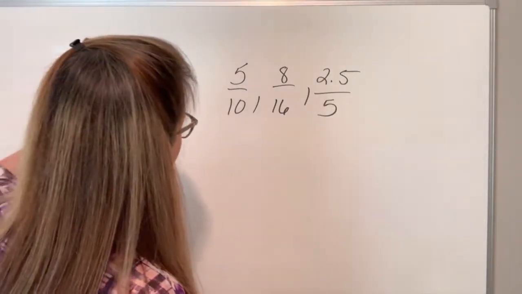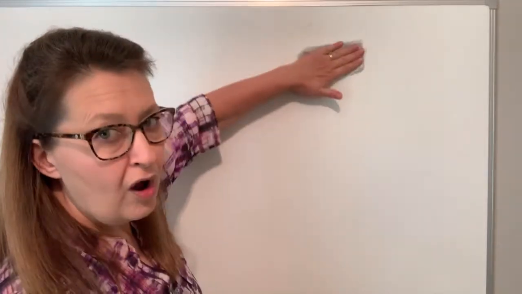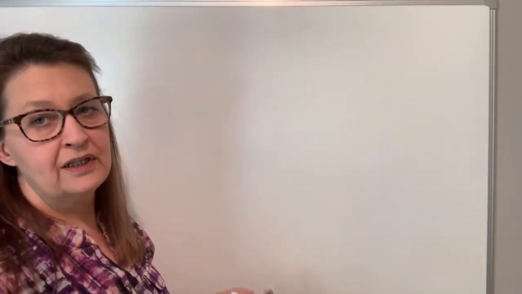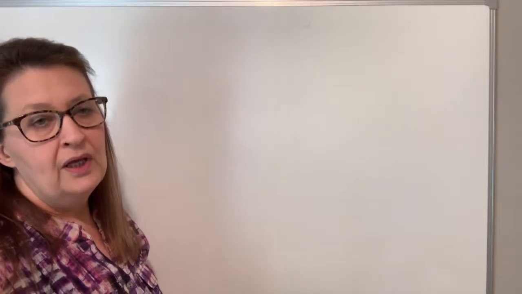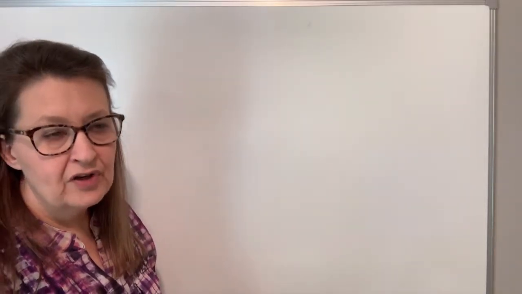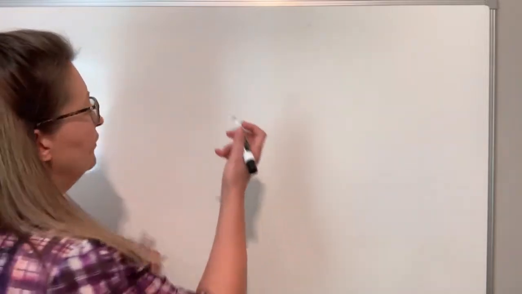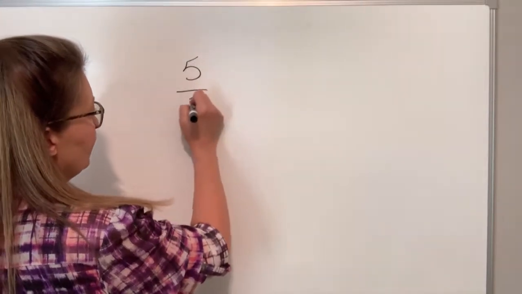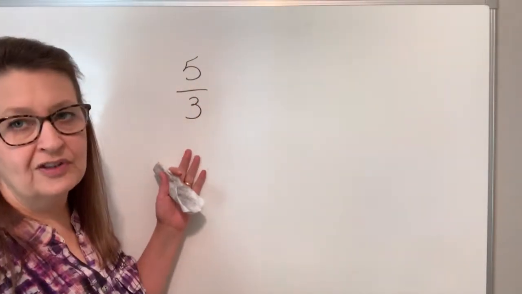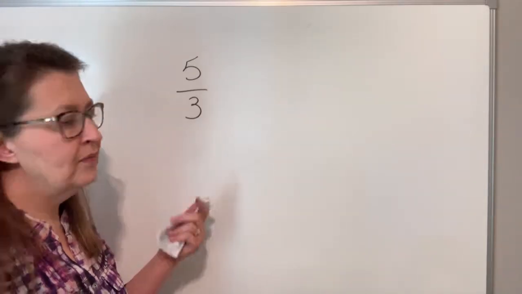Now, let's talk about proper versus improper. It is not wrong to have a fraction be improper, unless the directions say make your answer into a mixed number. Mixed number is what you get from improper, and we'll look at that in just a little while. For example, 5/3 is an improper fraction, but it's not a wrong answer unless you've been told to change it to a mixed number.